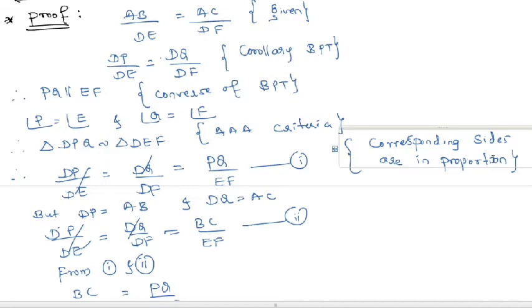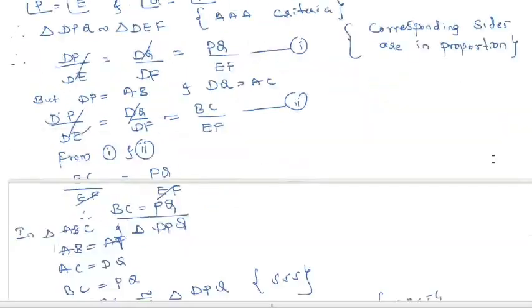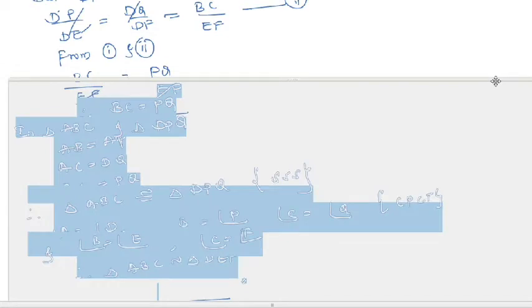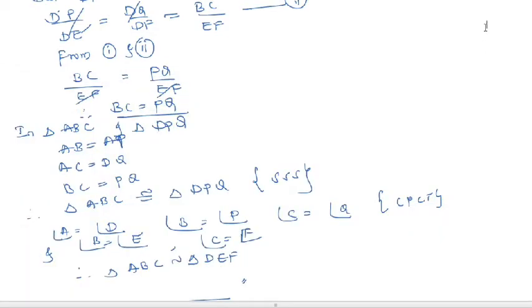By comparing equations 1 and 2, we will get BC is equal to PQ. In triangle ABC and triangle DPQ, AB is equal to DP, AC is equal to DQ, BC is equal to PQ. Therefore, triangle ABC is congruent to triangle DPQ, according to the SSS postulate.